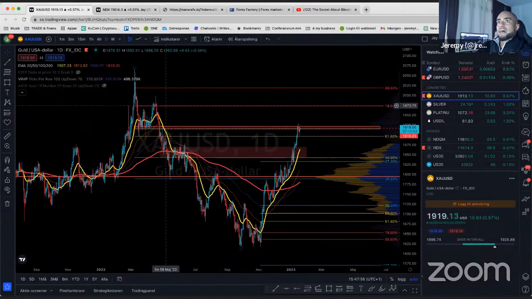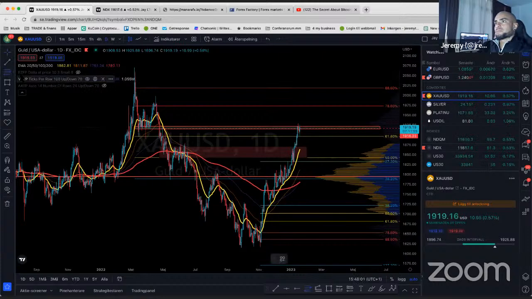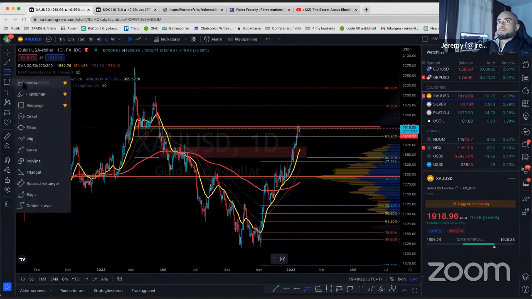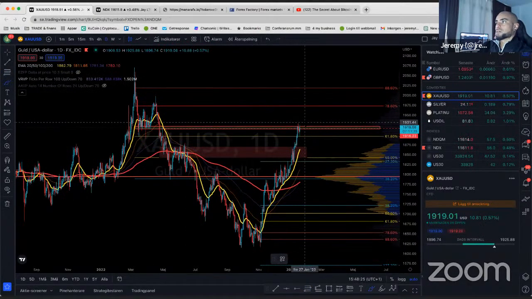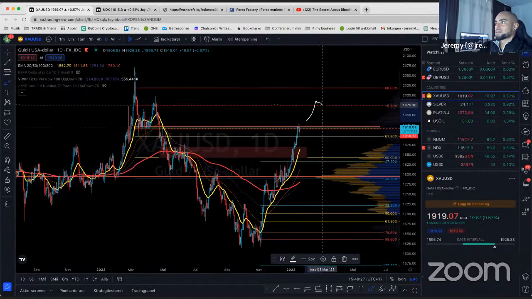And in this last swing that we had from this top to this bottom here, this is the supply zone. This is the 78.6 retracement and 88.6 retracement, and this is the supply zone right here. So the question is, will the market move all the way up here, pick up supply, to then drop down?